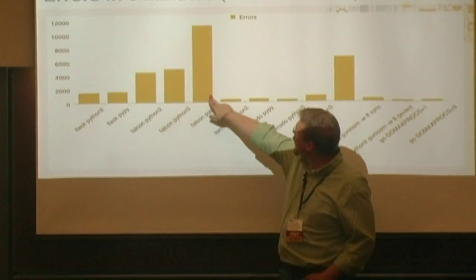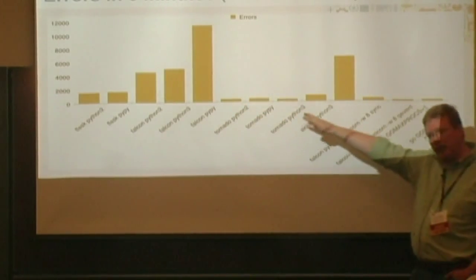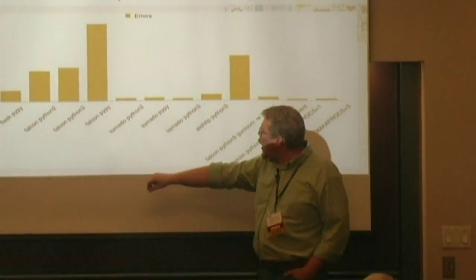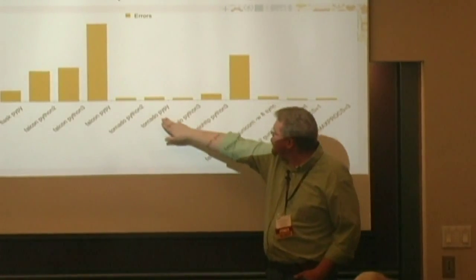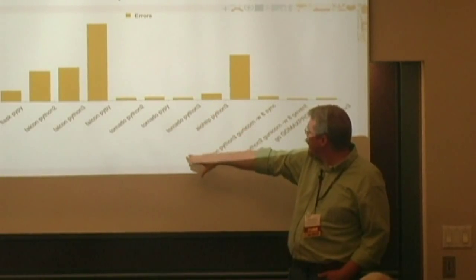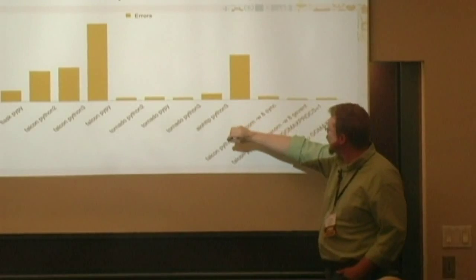Falcon PyPy, 12,000. Falcon probably shouldn't be run under PyPy if you actually care about getting your data out the door. Lower is better, right? Tornado Python 2, Tornado PyPy, Tornado Python 3, all nicely low. aiohttp Python 3, kind of low, not bad.